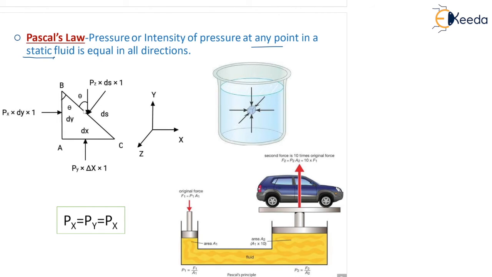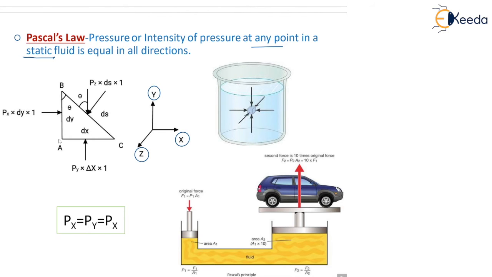So we have taken this element A, B, C. So if you take AC, this is your X direction. You can see X direction is here along the AC, and along the AB we are having Y direction, and along this direction DS, you can see it is a Z direction. So it is a 2-dimensional figure, so it is not possible to show the 3D. So X, Y, Z are the 3 directions.